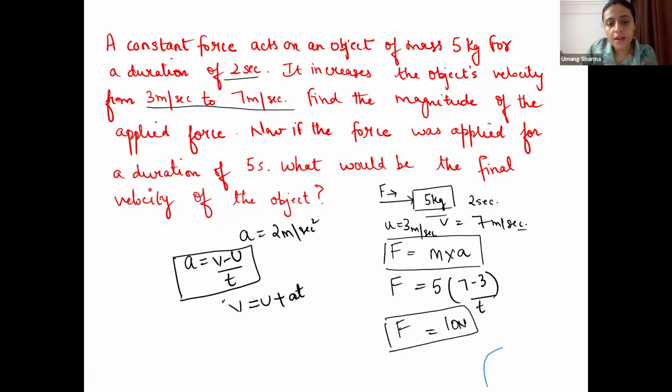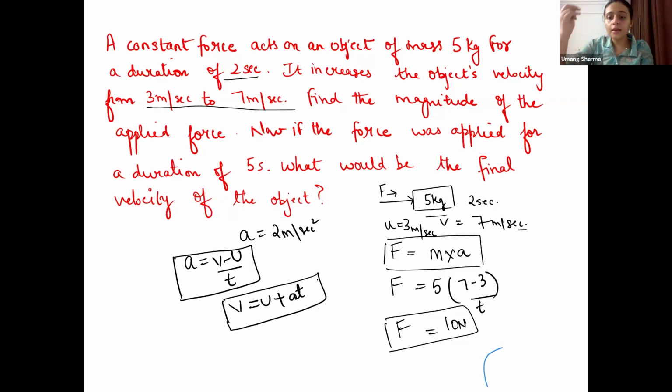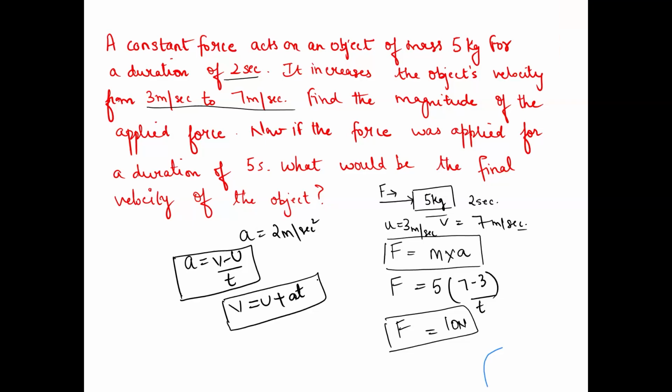Everybody got this one equation? How we got this velocity? And next, the initial velocity is 3 meter per second, plus, now you can calculate. Yeah, Dhanishri, now you can calculate and tell me the answer. Okay, thank you.